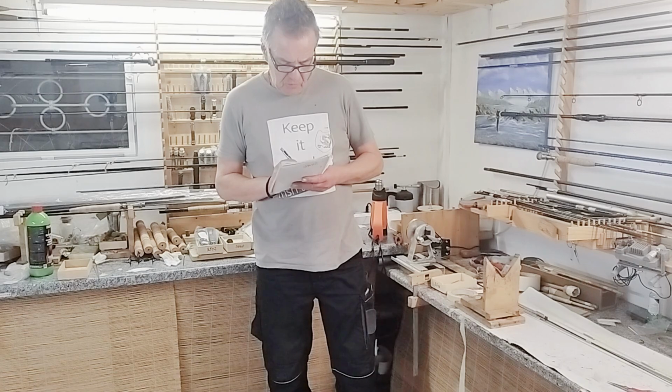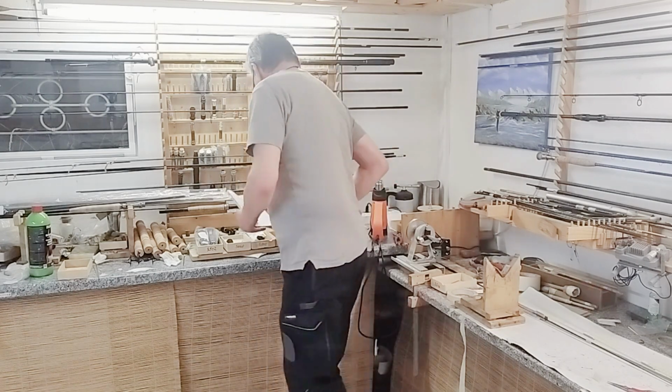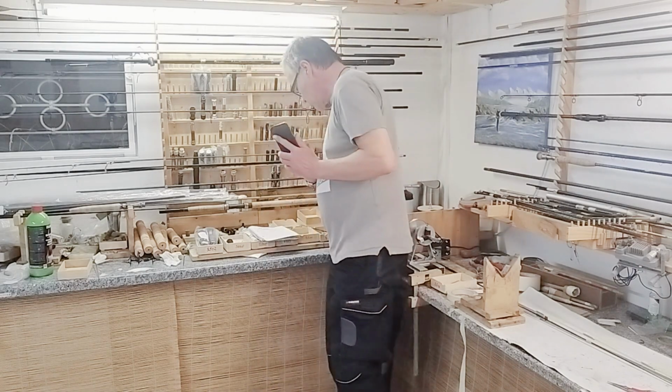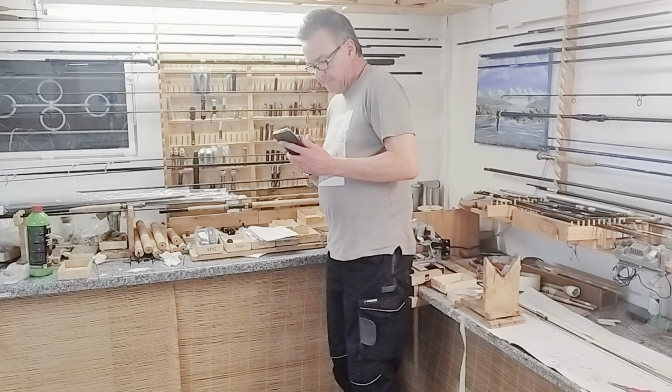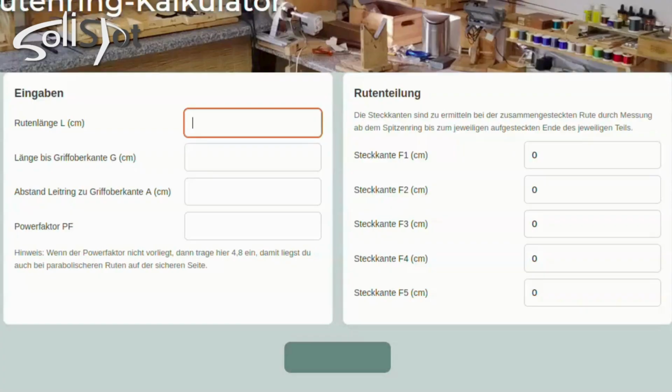After building or repairing a rod, I would manually calculate the optimal guide spacing, especially in the critical tip section. That cost an enormous amount of time. And since I was repeatedly asked which guide spacing would be optimal for which rod, I finally sat down and developed this calculator.